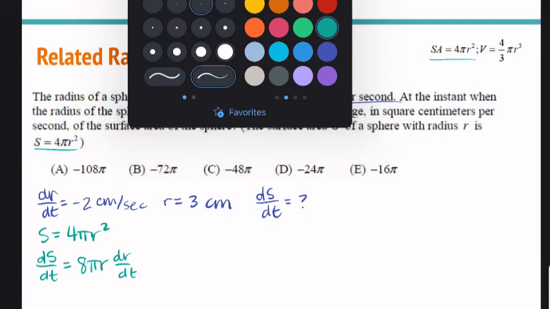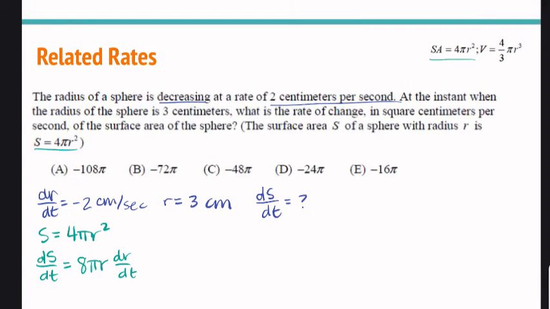Okay, and then we're going to plug in everything we know. So ds dt is going to be 8 pi, my radius was 3 centimeters, my rate is negative 2 centimeters per second. Okay, so you can see here that we're going to get square centimeters because we have centimeters squared.